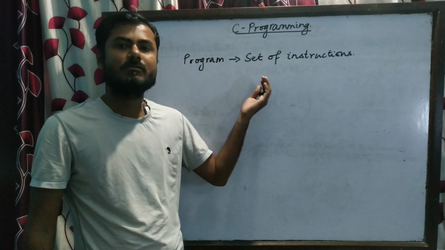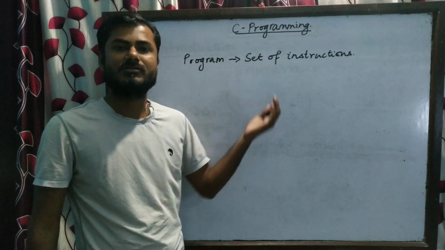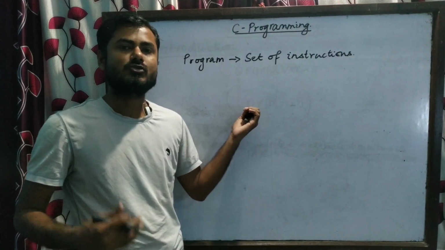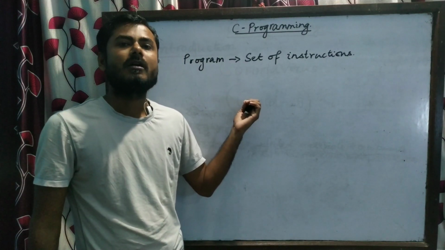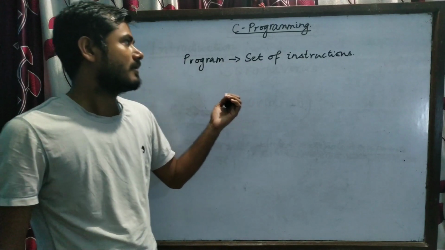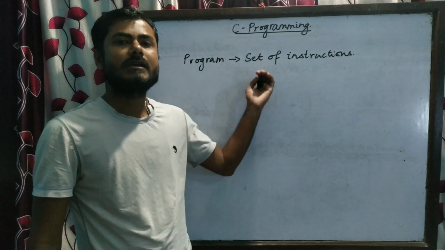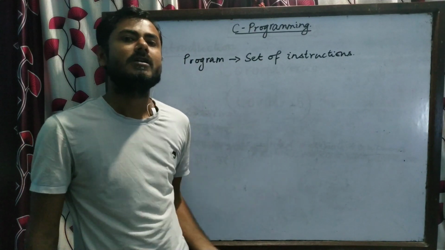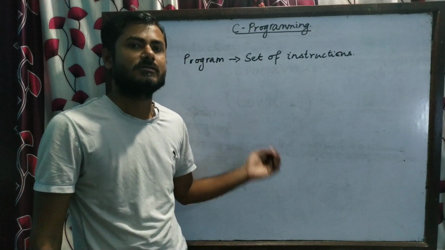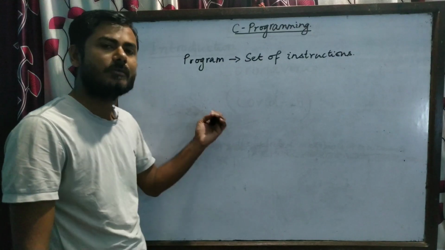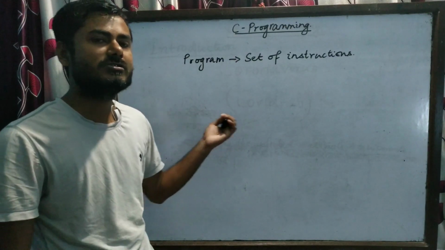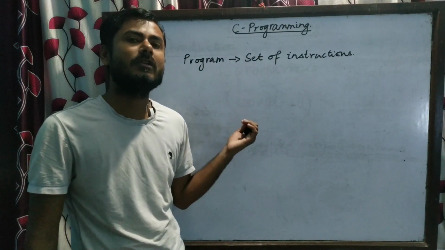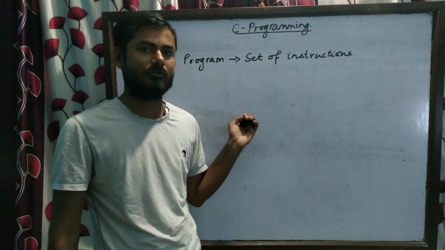As the number of instructions increases, the heavier our program is. So we can say that a program is a set of instructions which is given to the computer to perform some specific task. So what type of task? Those tasks are especially those which need some calculations.